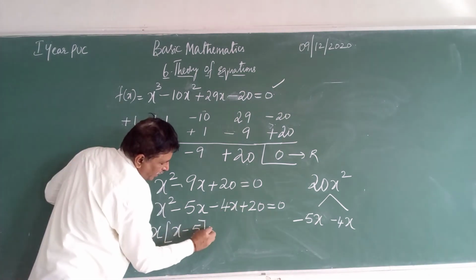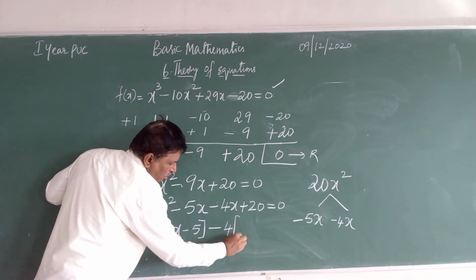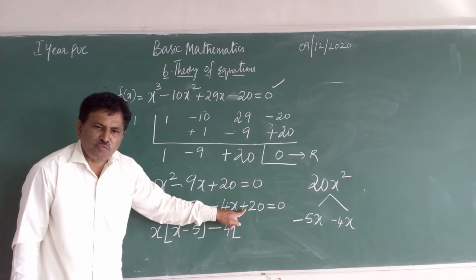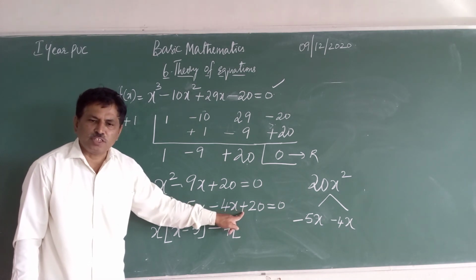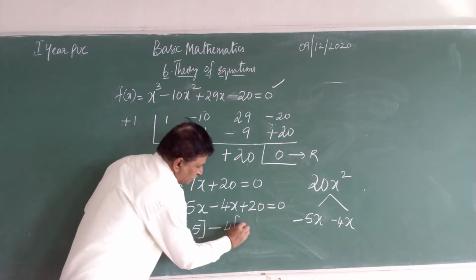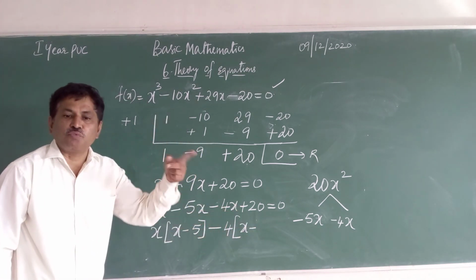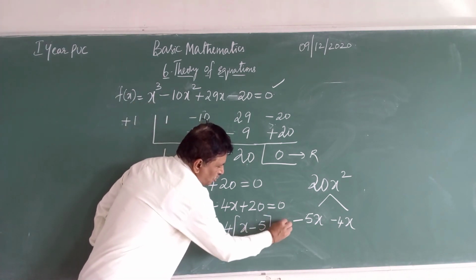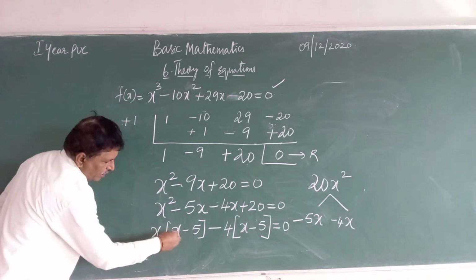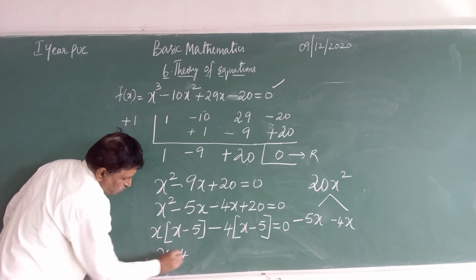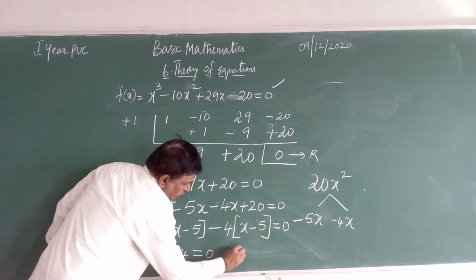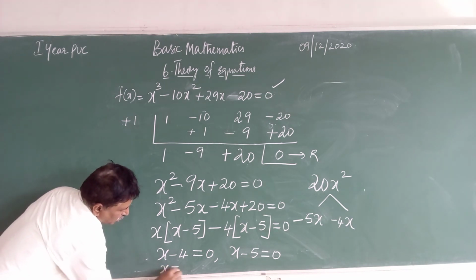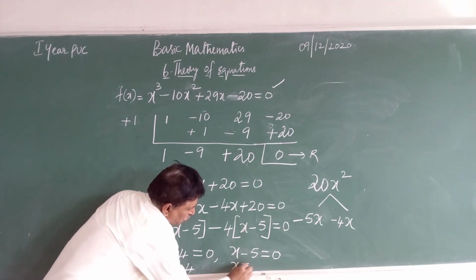In this I can take minus 4 common. Already I told you, when I take minus common, if it is positive sign it will become negative, if it is negative it will become positive. Minus 20 can be written as 4 into 5. Already I have taken 4 common, it will be x minus 5, which is equal to 0. So therefore from these two, x minus 4 is equal to 0, x minus 5 equal to 0. Right? So therefore I will get x equal to 4, x equal to 5.